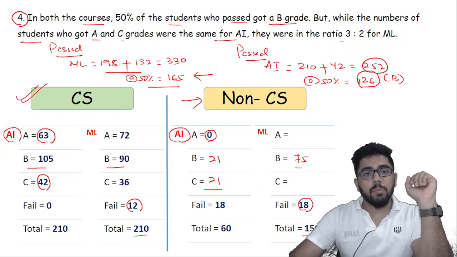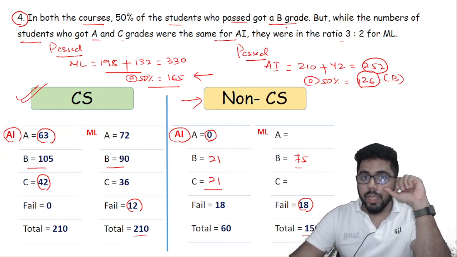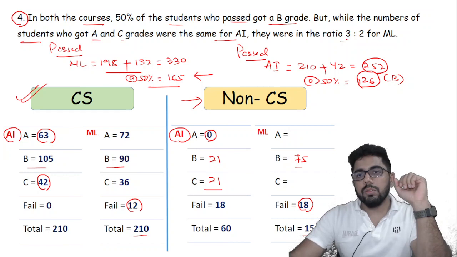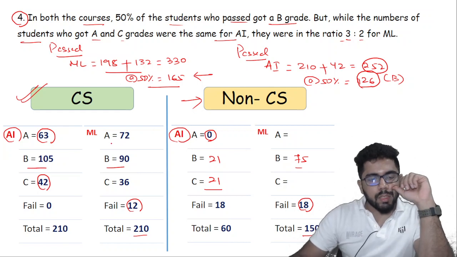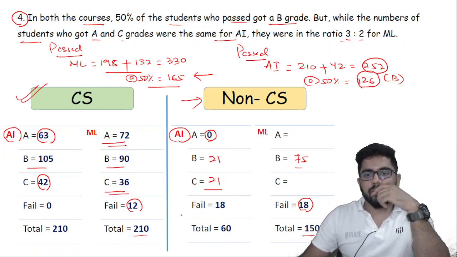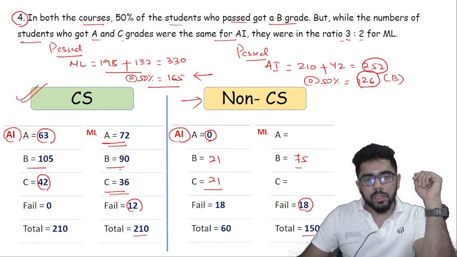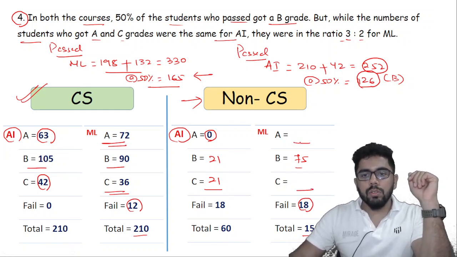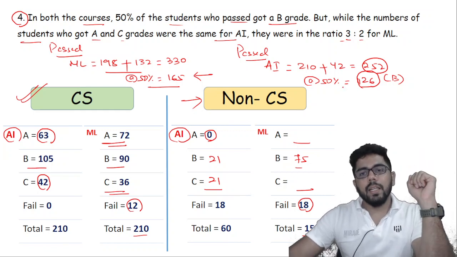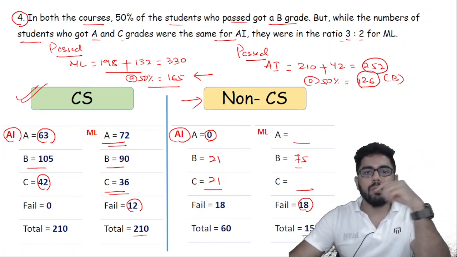But in the case of ML, it is saying the number of students who got A and C grades were in the ratio 3:2. Already I have 72 students here and 36 students here. So I should add something here and here, so that overall I get the ratio 3:2.